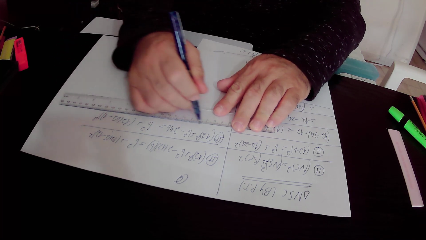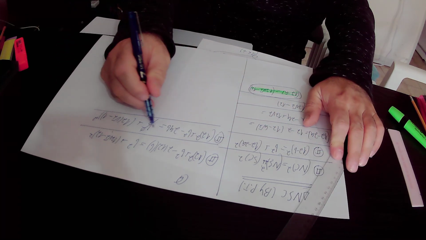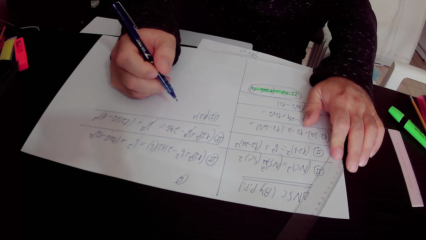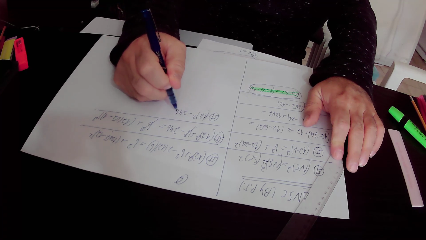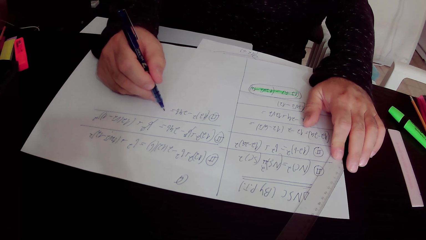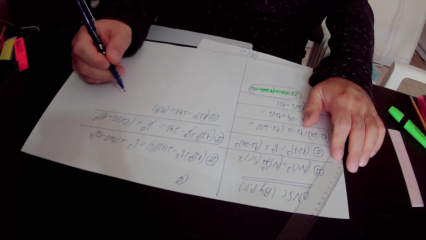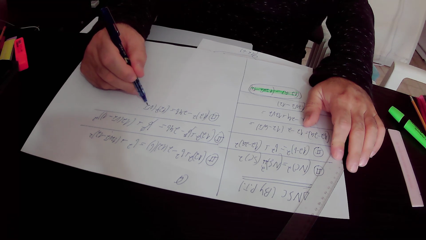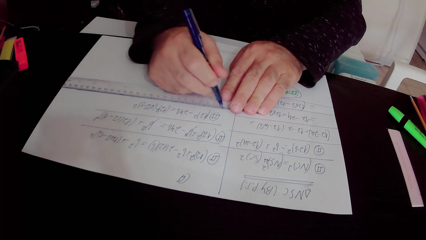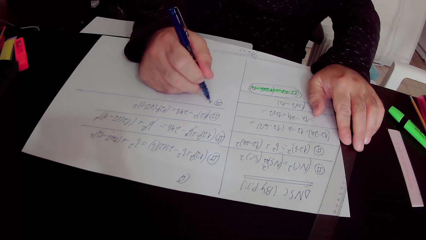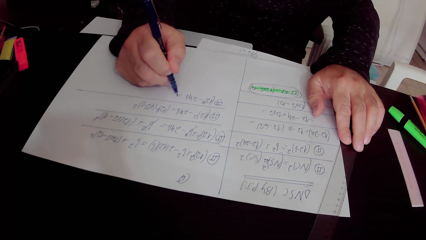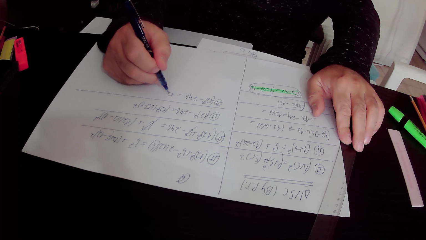So we have B squared on both sides of the equation, so B squared will get cancelled, and we have here 12 squared minus 24B equals 12 squared times (square root of 2 minus 1) squared.